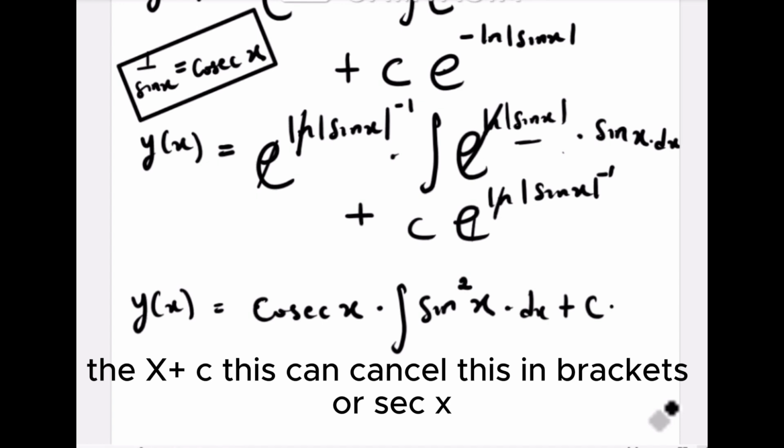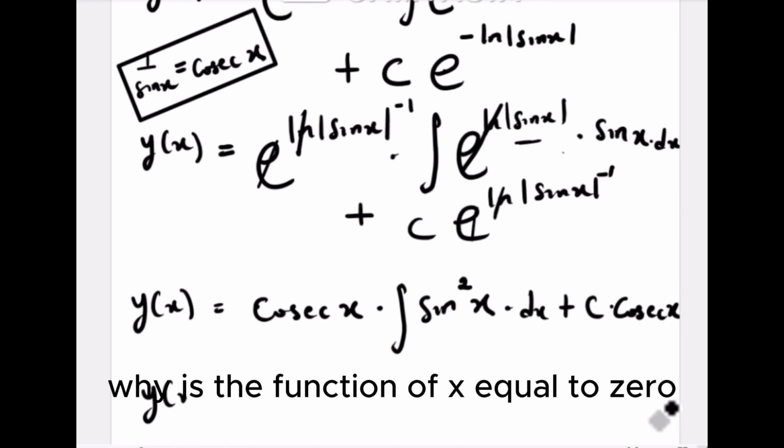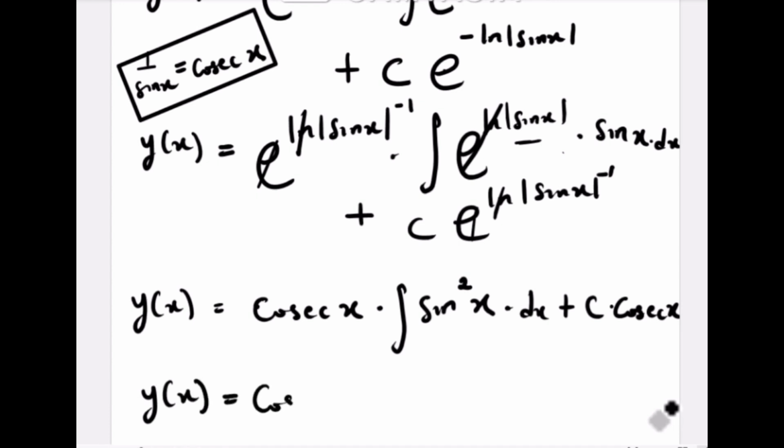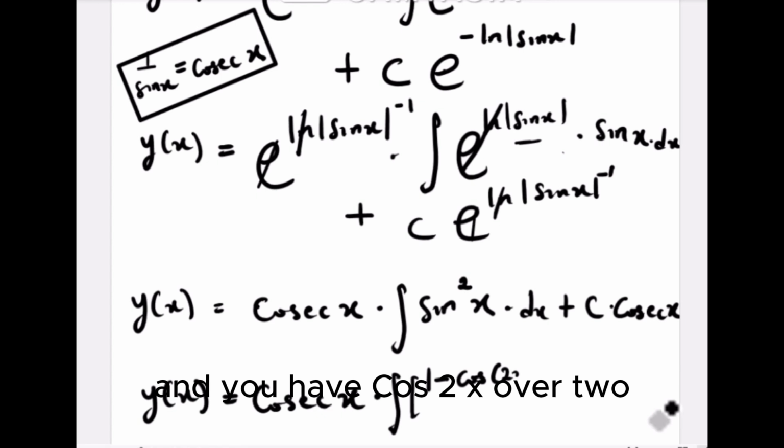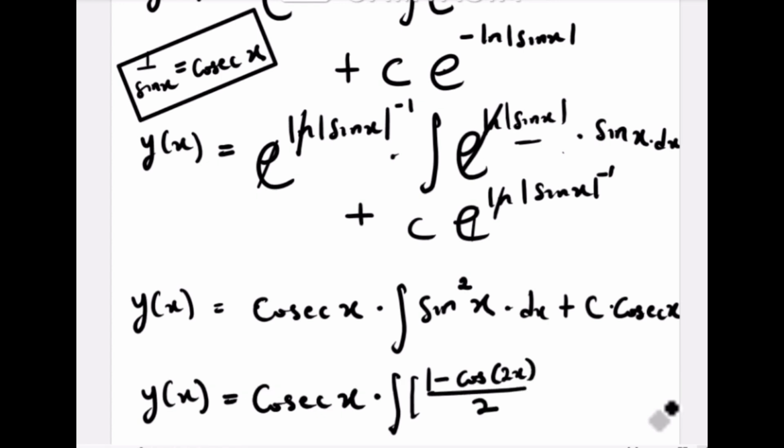These can cancel, then you have y as a function of x equals cosec x times the integral of sin squared x, which using the trigonometric identity is 1 minus cos 2x over 2, dx, then plus c cosec x.